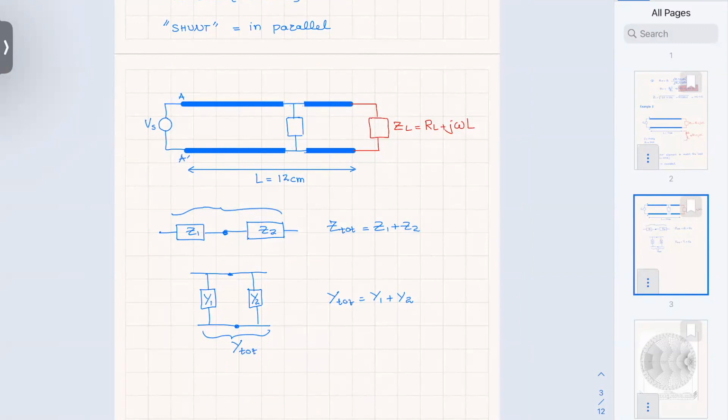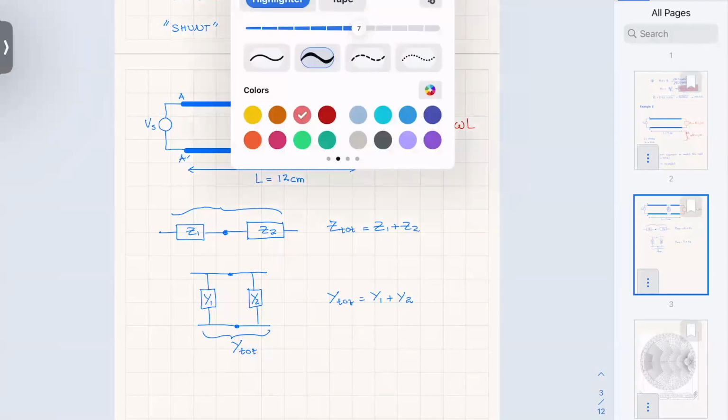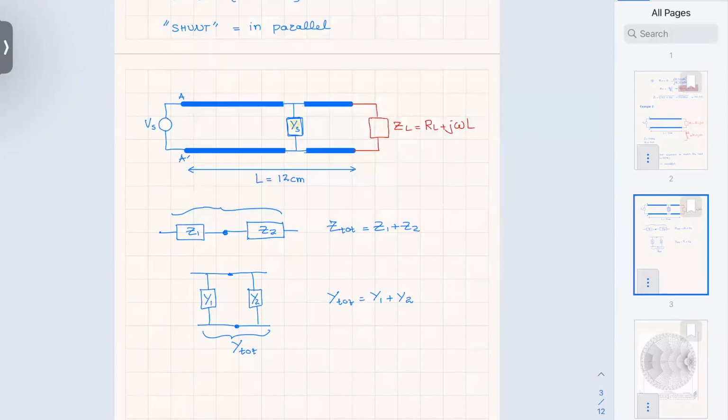You will have to use not impedances on the Smith chart, but admittances. So these are the things that you have to keep in mind. And therefore, this one here, which is an element I have to add, I will call YS. And that's going to be the element that I want to add here.